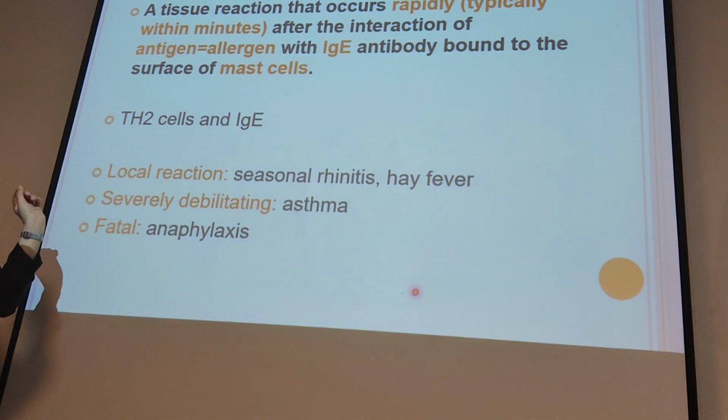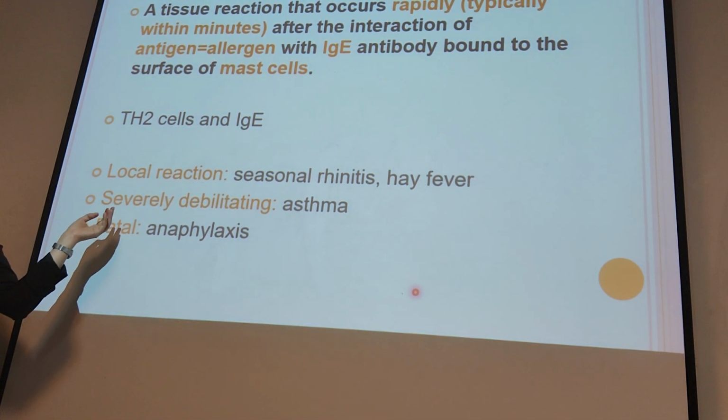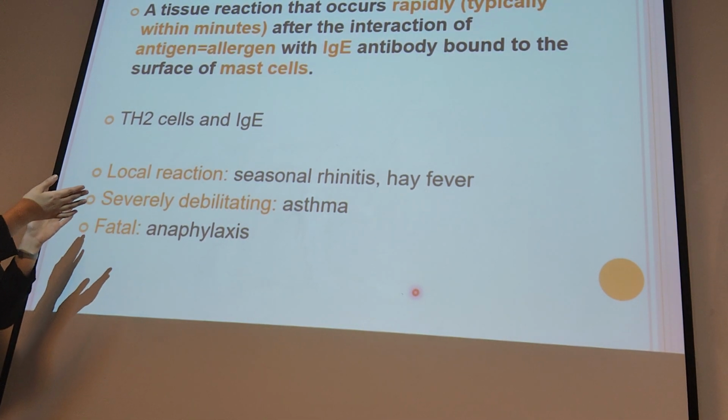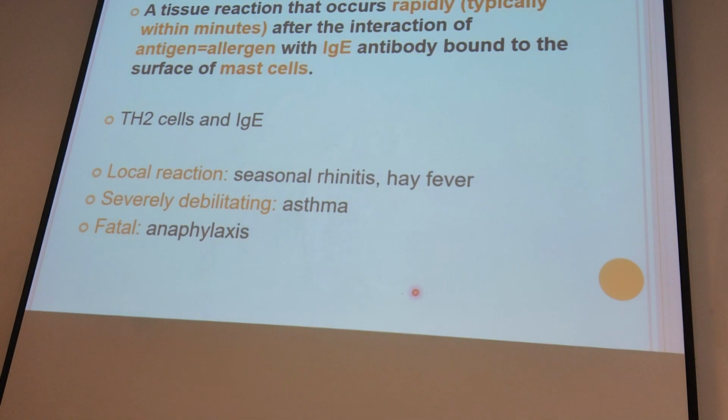So sometimes it is local, for example rhinitis or atopic dermatitis. Most of the times the symptoms are mild, but sometimes they are very severe.